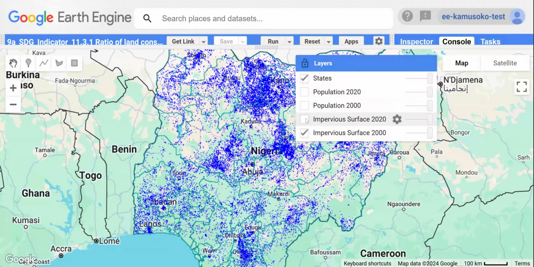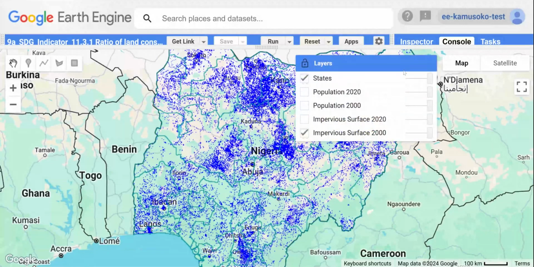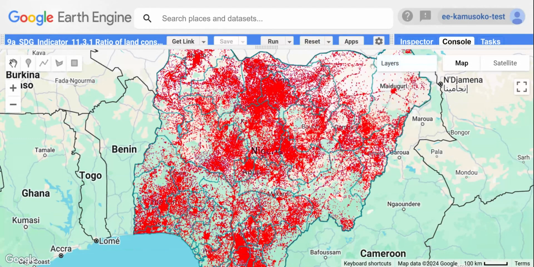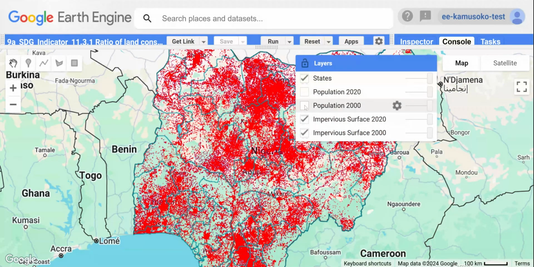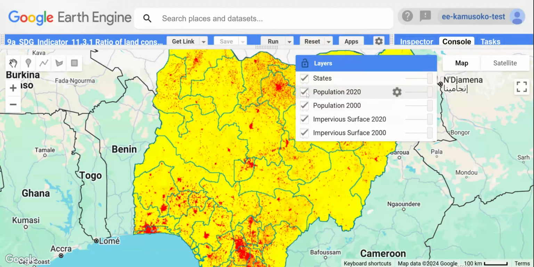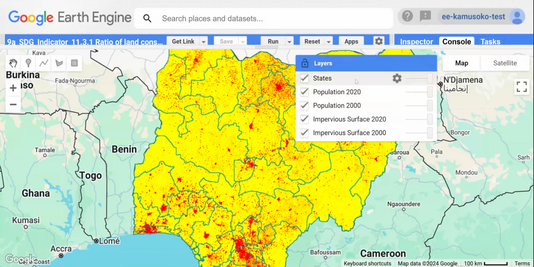So this is the impervious surface for Nigeria in the year 2000, and then this is for the year 2020. So you can see there's much change, a lot of urban development. And this is the population in the year 2000, and then the population in the year 2020. Again, there's a lot of change.